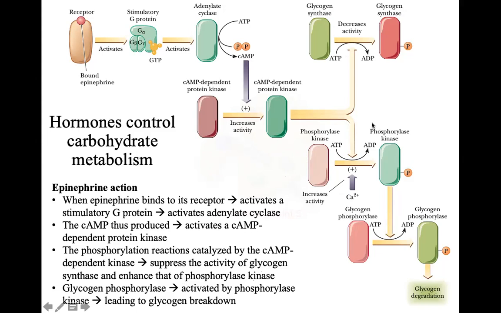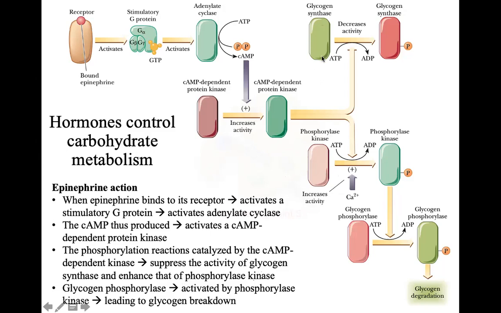If it's increasing in activity, the phosphorylase kinase comes into action, and then the calcium will start to go into the cells, increasing the flow of calcium into the cells and start giving the activity. On the other hand, the cyclic AMP dependent protein kinase can also act on the glycogen synthase for a certain activity.